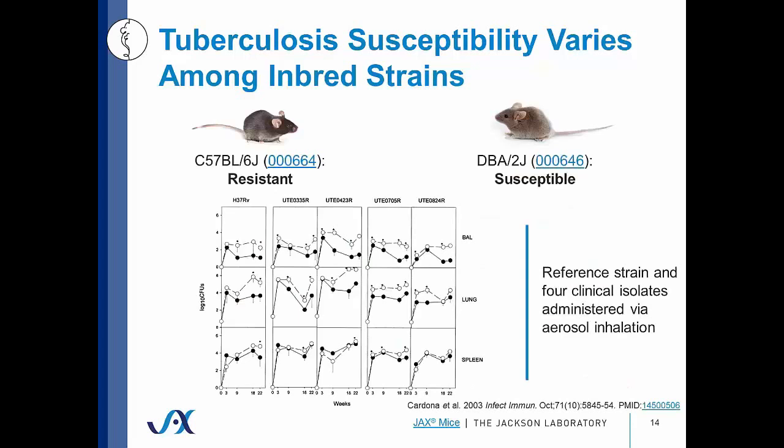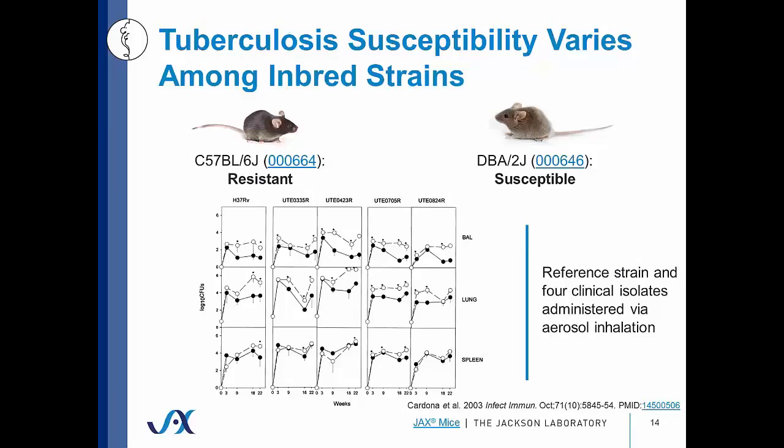Here's an example of a comparative study where C57 Black 6J mice and DBA/2J mice were infected with different strains of tuberculosis. They were infected with either the H37Rv strain or 4 different clinical isolates, and then bacterial loads were measured in the bronchial-associated lymphoid fluid, the lung, and the spleen.